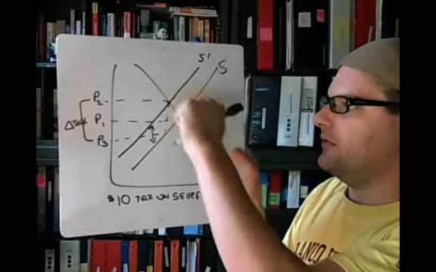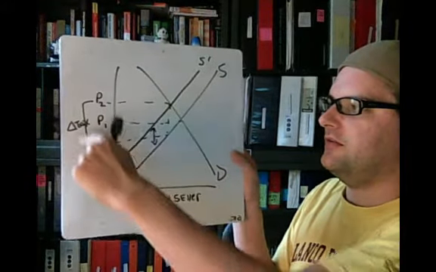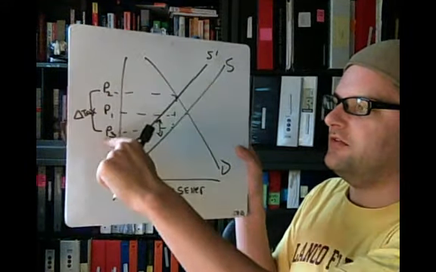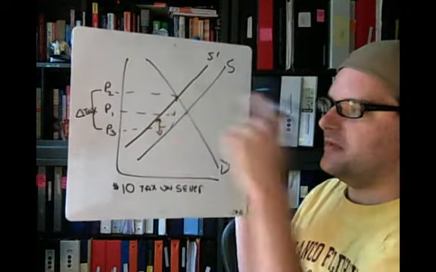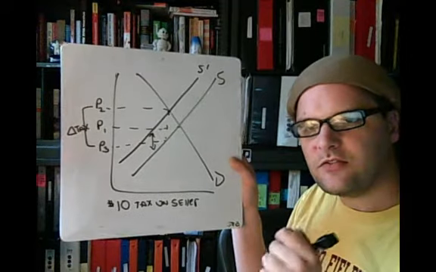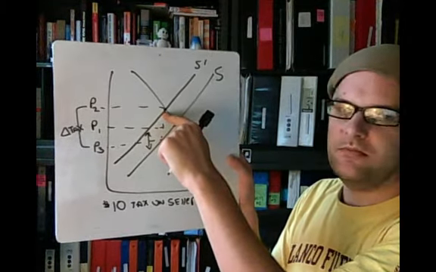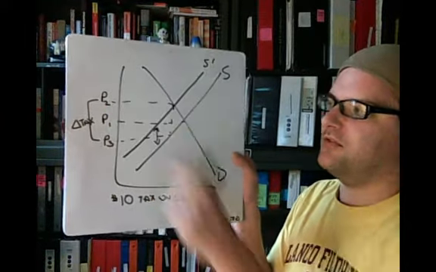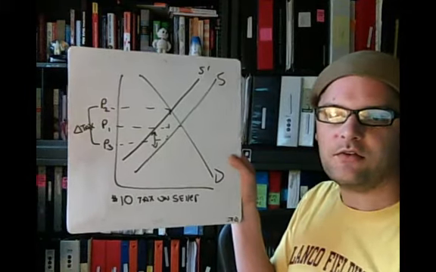Then the tax is imposed. It shifts up our supply curve by a vertical distance here of $10, which you can see is the difference between P2 and P3. But notice that the price that the consumer pays has risen only to P2. And the difference between P1 and P2 is certainly not $10, right? It's the whole portion here that's $10.